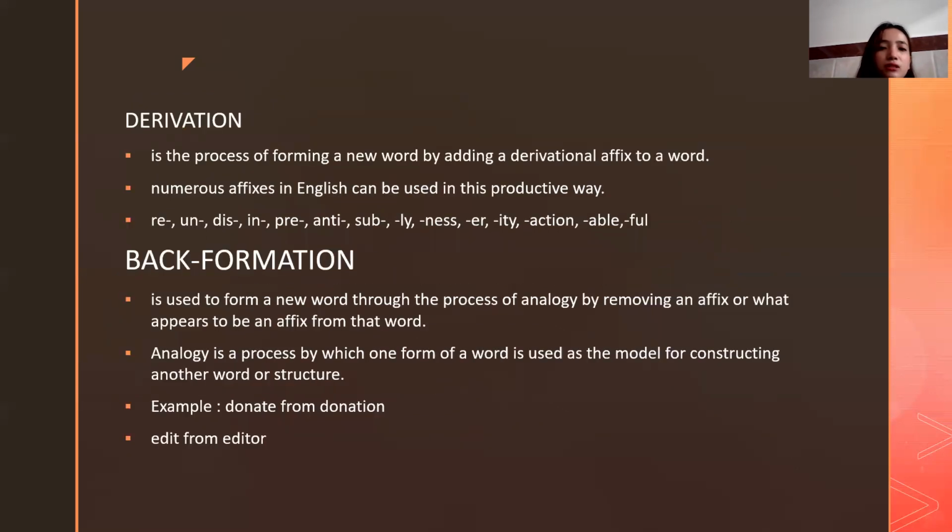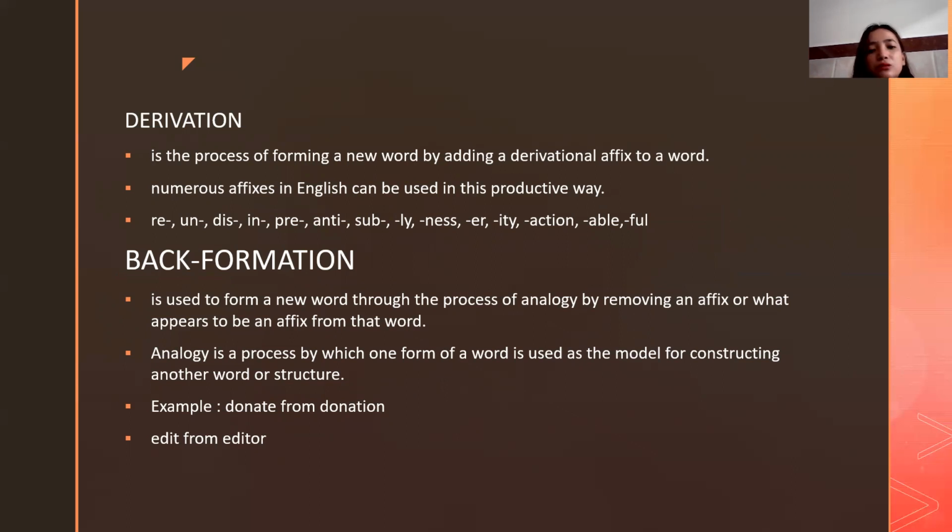Derivation is the process of forming a new word by adding a derivational affix to a word. Numerous affixes in English can be used in this productive way, like un-, dis-, in-, pre-, anti-, -ly, -ness, -ation, -able, -ful.